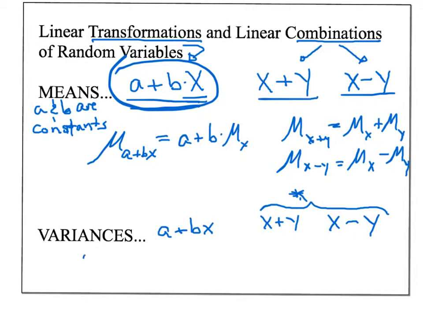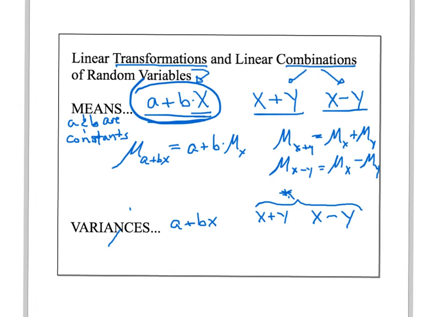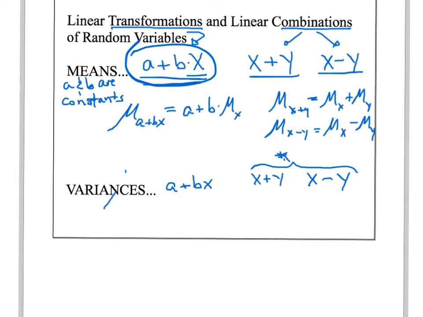All right, variances. For linear transformations, remember that the spread didn't change when I added. Adding doesn't change the spread. Only multiplying changes the spread. So variance for a plus b times x is going to equal b squared times the variance of x.